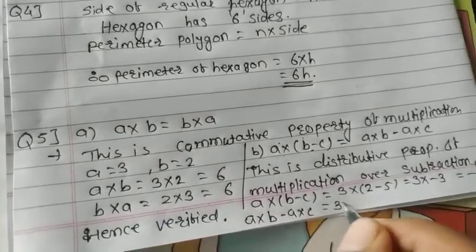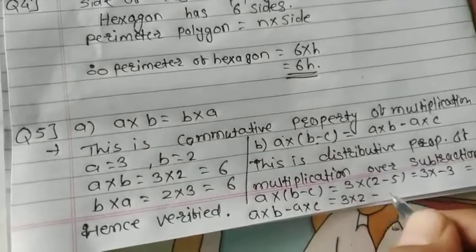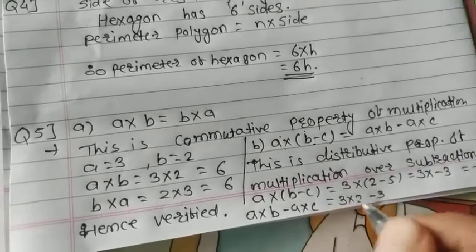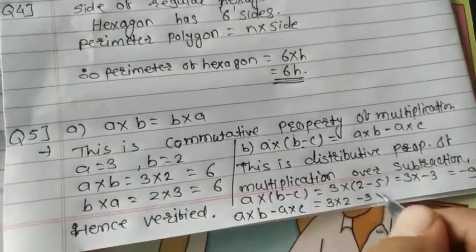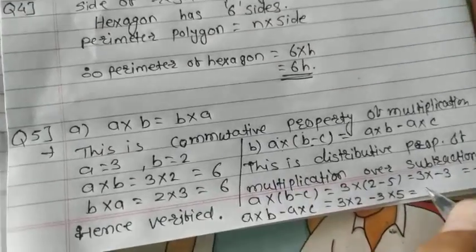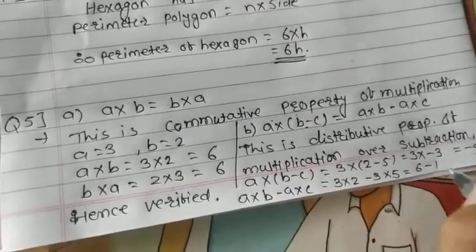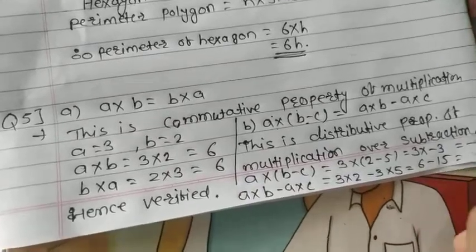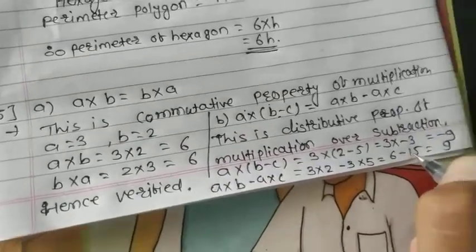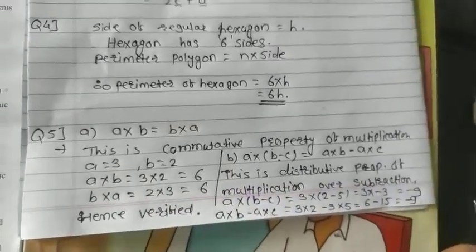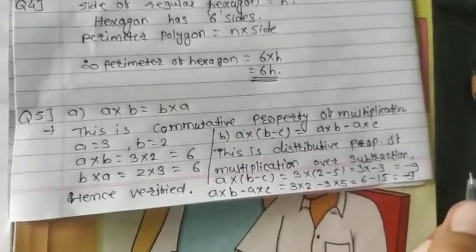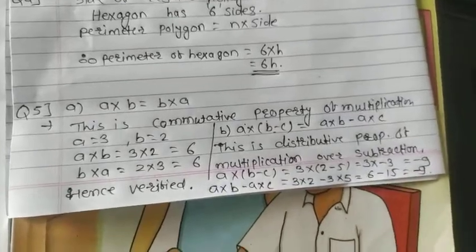So that is 3 into 2 minus 3 into 5. So we get 6 minus 15, and 15 minus 6 is 9. The bigger number is 15, therefore minus. So we get minus 9 on both sides. Okay, this is how we are going to solve this. I hope you all understood. Thank you.